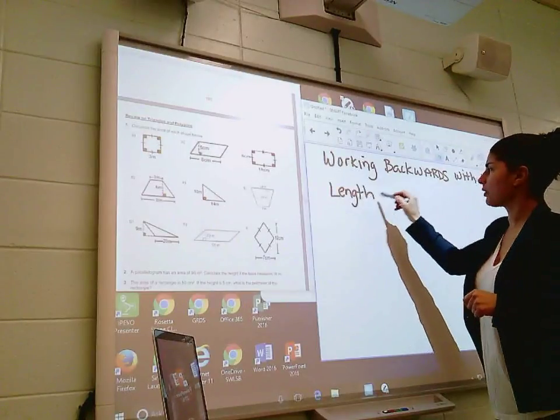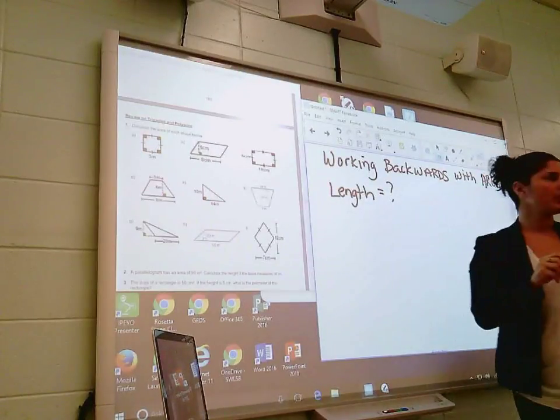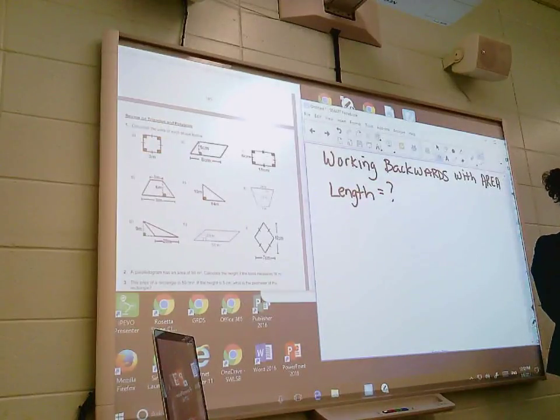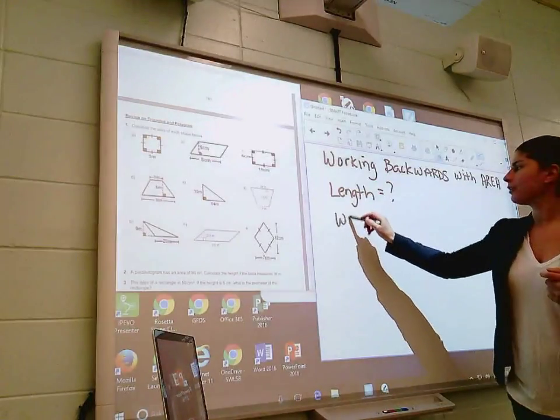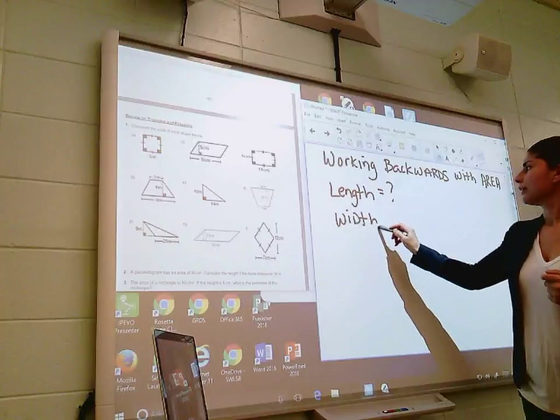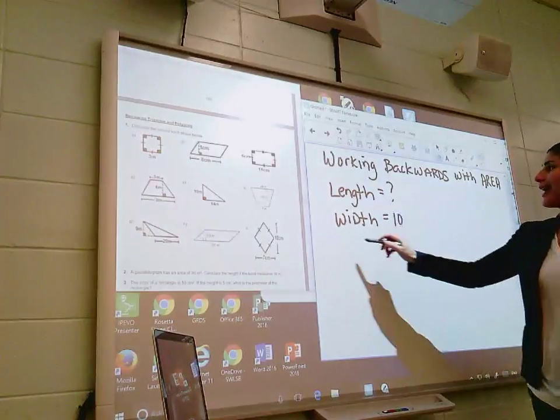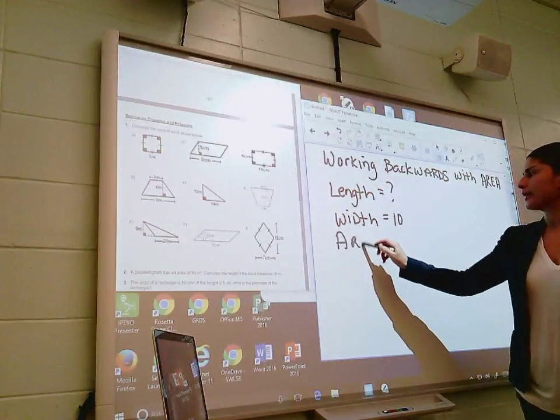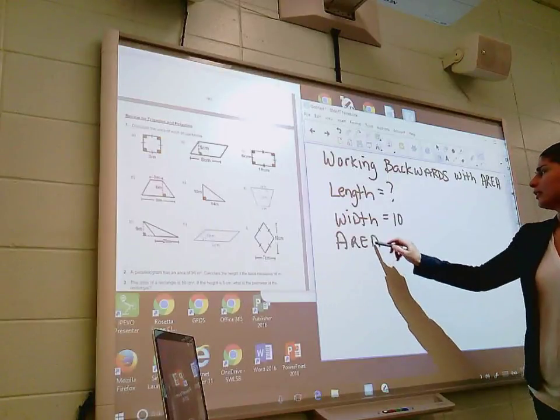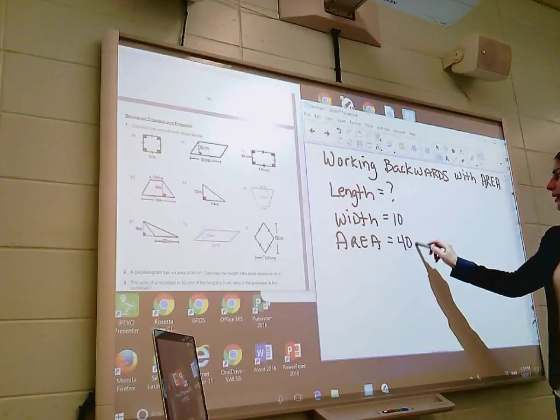What is the length of a rectangle if the width is equal to 10 and the area of that rectangle is equal to 40 centimeters squared?